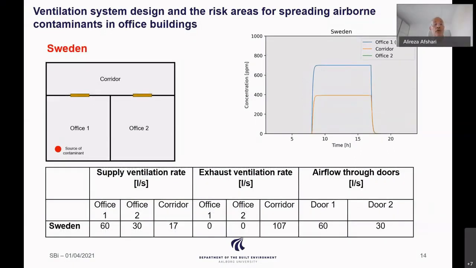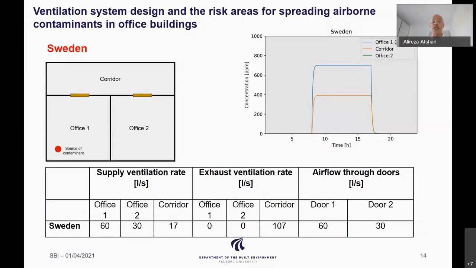So for Sweden, as I said before, in office 1 you have 60 liters per second, office 2 you have 30, and the corridor you have 70. The exhaust is in the corridor, so 107 liters per second is in the corridor. And so you can see the source in office 1.